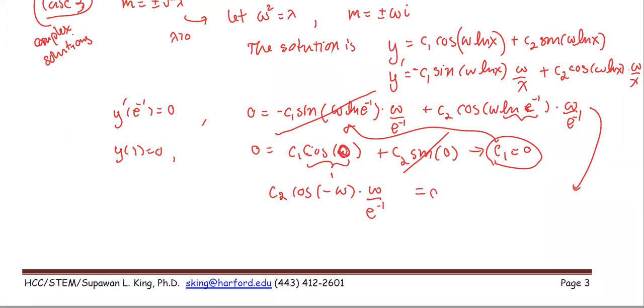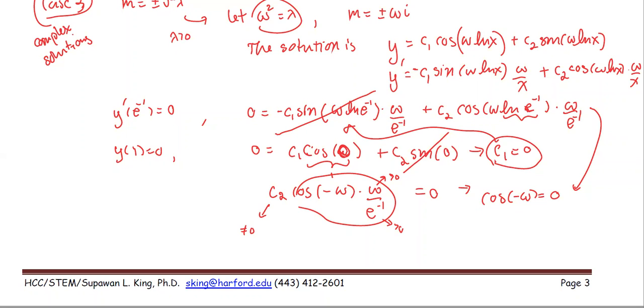If we look for the case that C2 is not equal to 0, we're going to make this product 0. Also, omega itself is a positive number, and e to the negative first is a positive number as well. That means we just look for the case that the cosine of negative omega is 0.